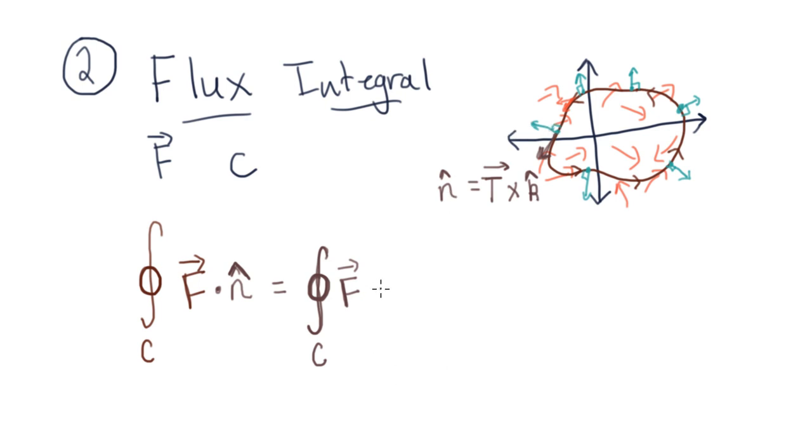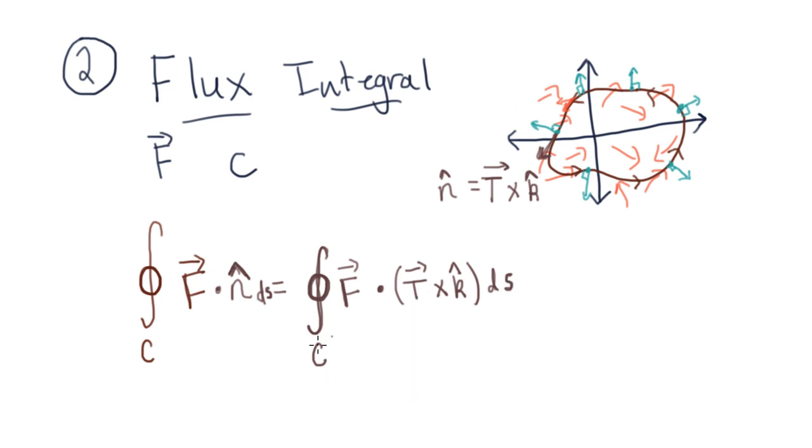So what this really is is f dot the tangent direction cross k, a unit vector in the k direction. And of course, these integrals are over line elements ds, like that. Okay, so again, what's the name of the game here?